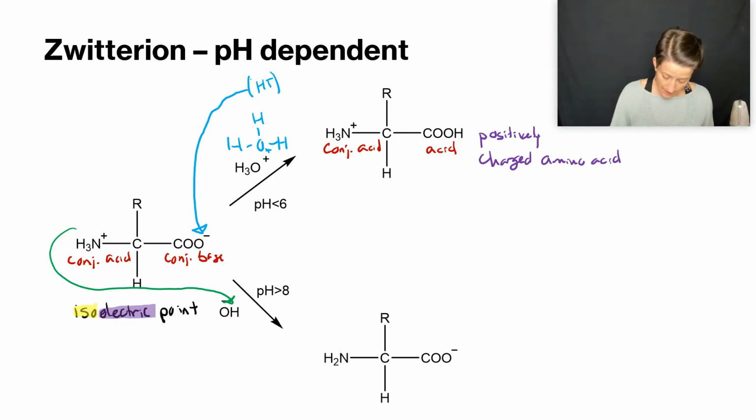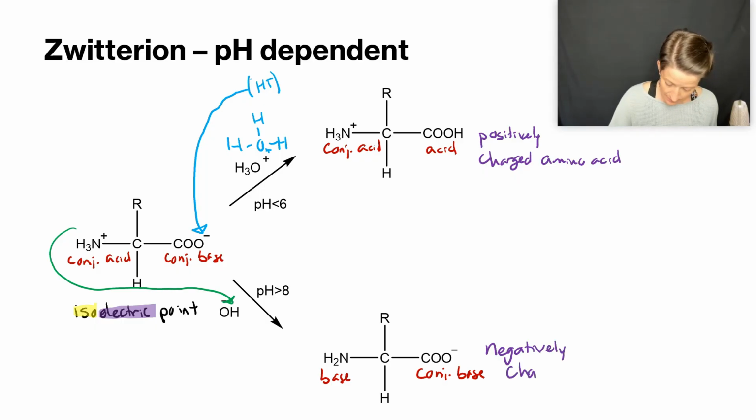In this process, we reformed the original base and maintained the conjugate base. So base reaction makes the organic base. This now gave us a negatively charged amino acid.